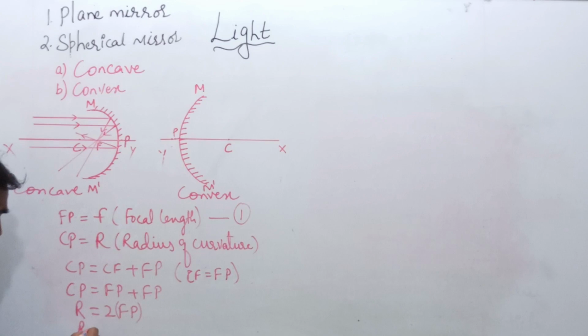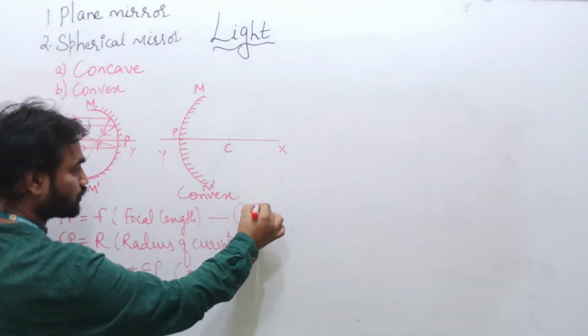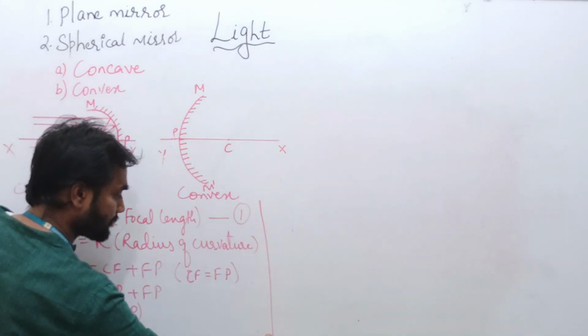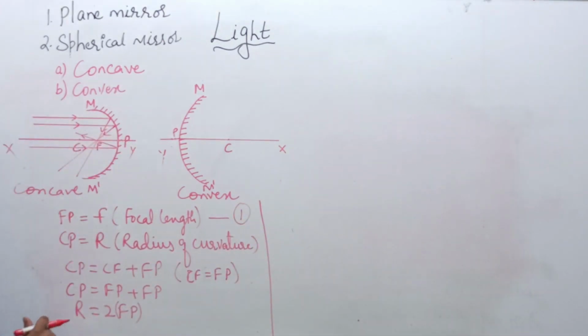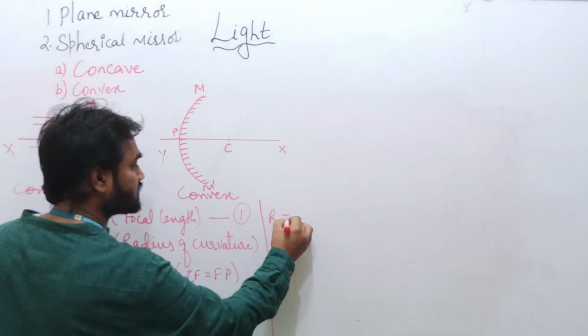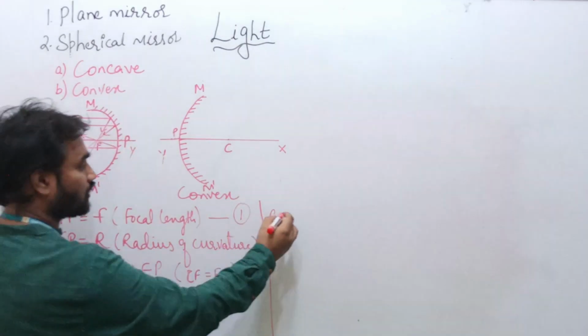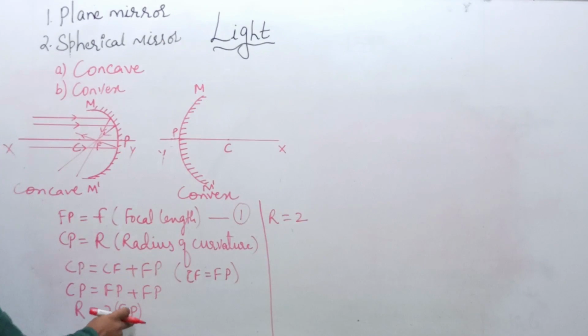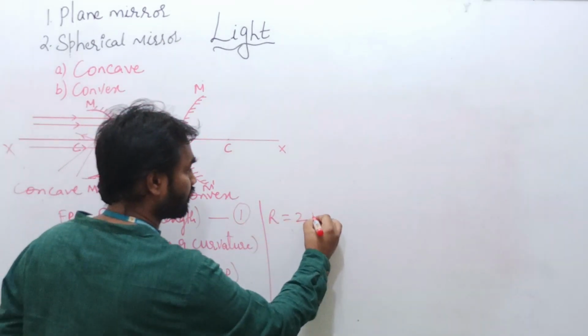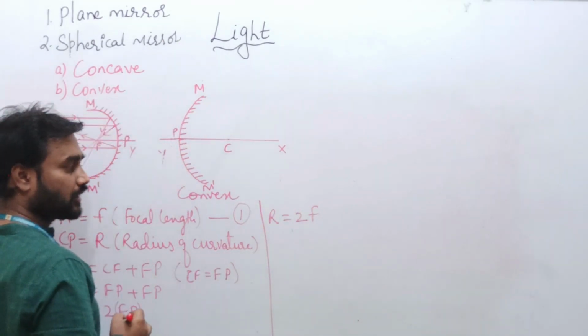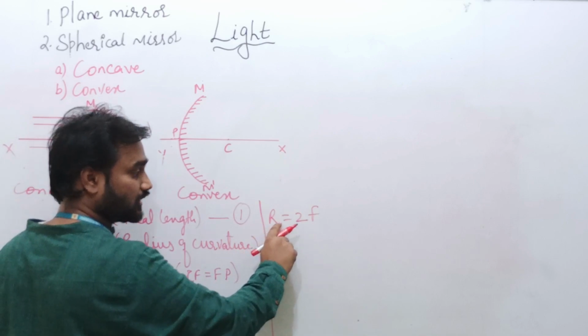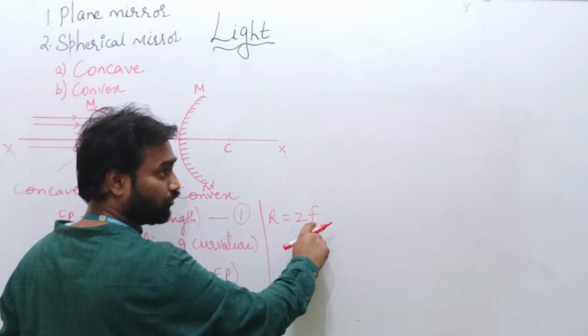Now R is equal to 2 times of, what is FP from 1? It is F. That is, radius of curvature is twice of focal length.